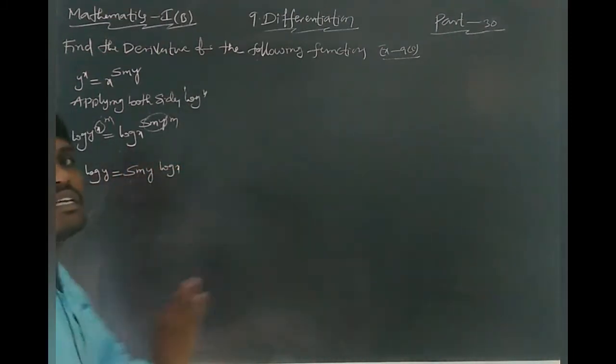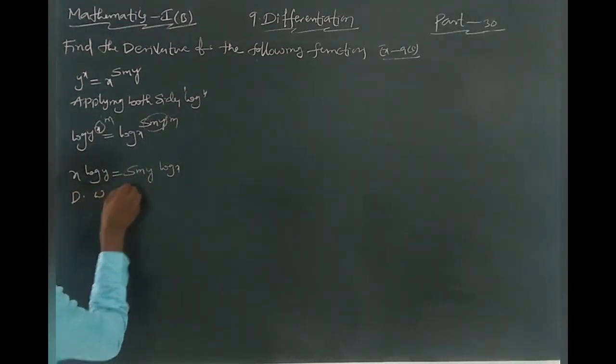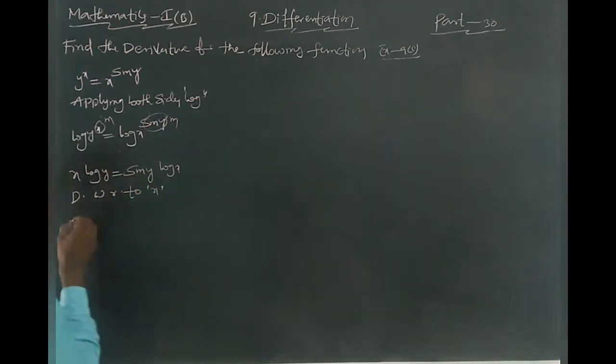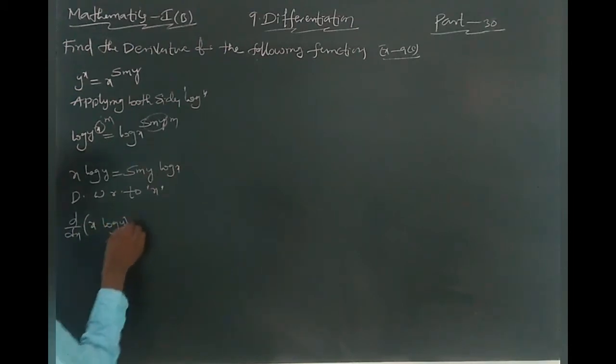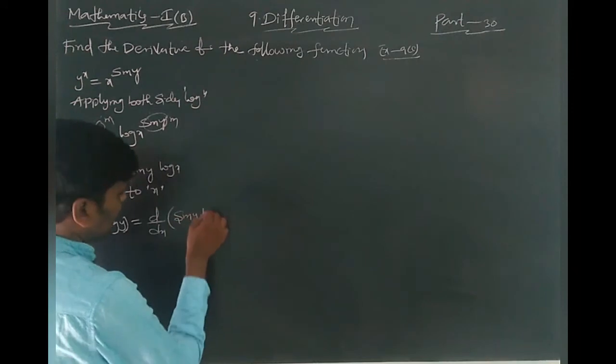After that, take the derivative with respect to x on both sides. You get d by dx of x into log y is equal to d by dx of sin y into log x.